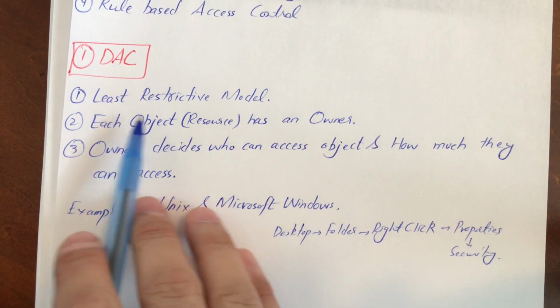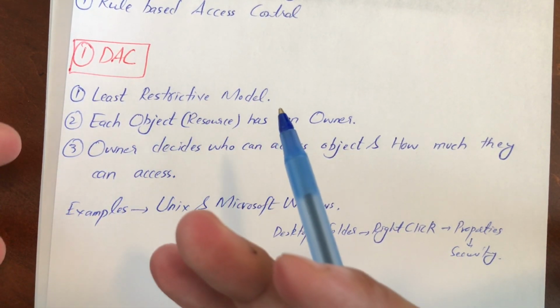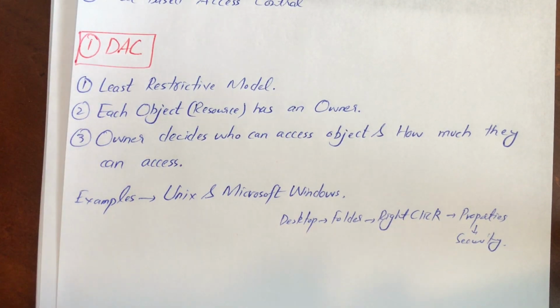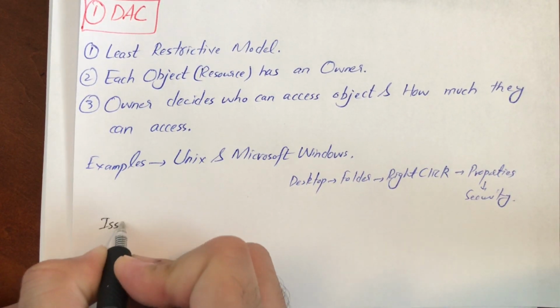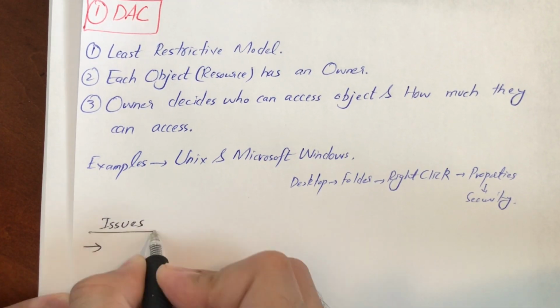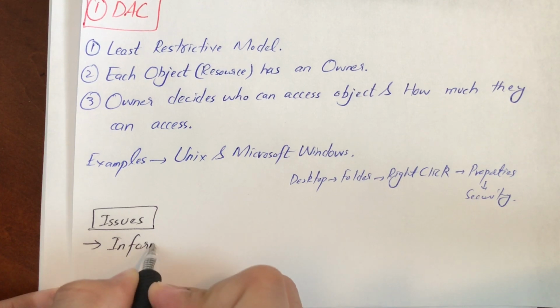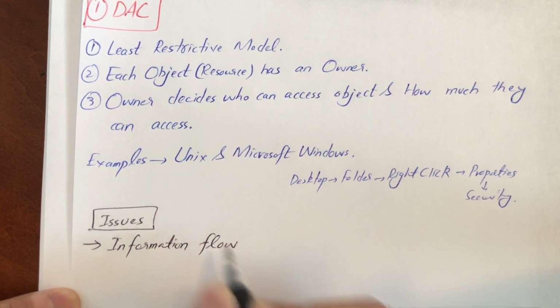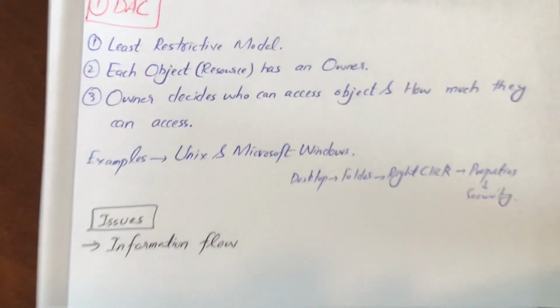So it's the least restrictive model: each object has an owner who decides who can access my object and how much they can access. The biggest problem or issue with this model is information flow. This could be a good model in a closed environment, in close proximity, like where the owner uses a small device.